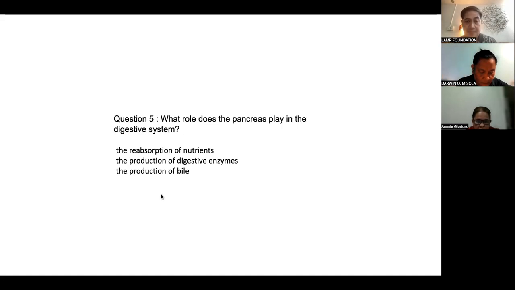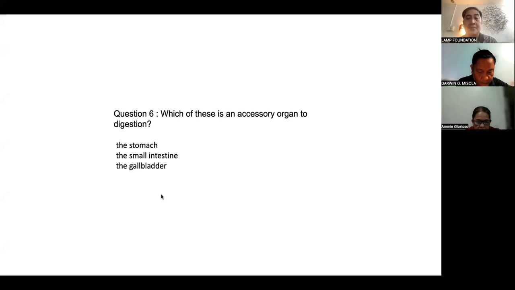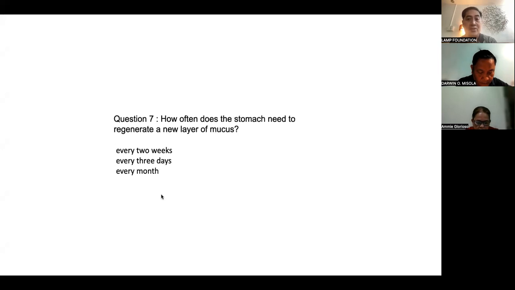The production of digestive enzymes. Which of these is an accessory organ to digestion? Gallbladder.